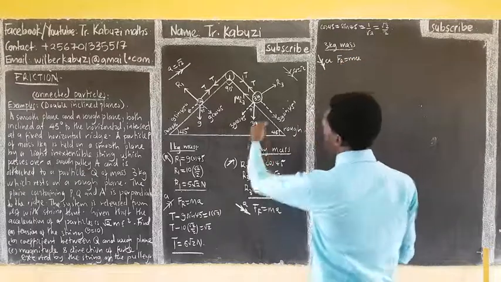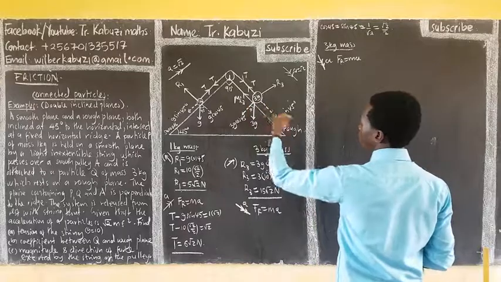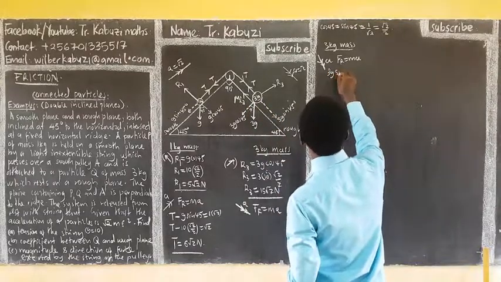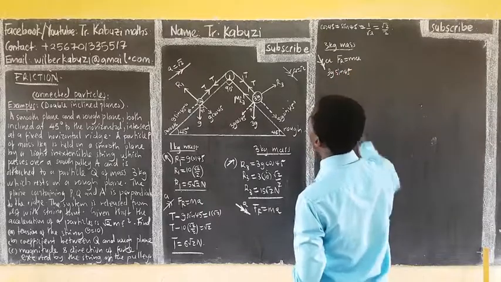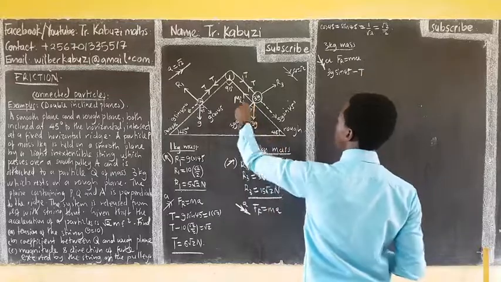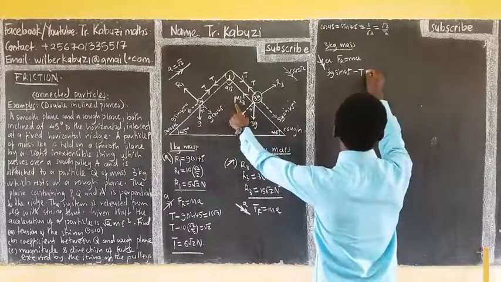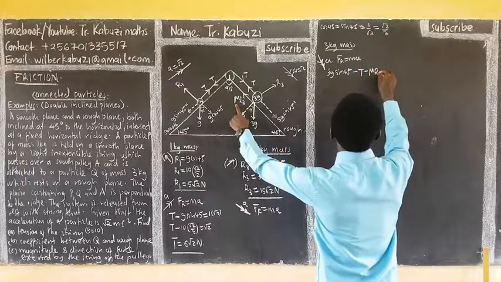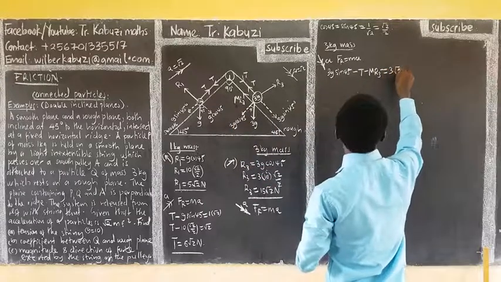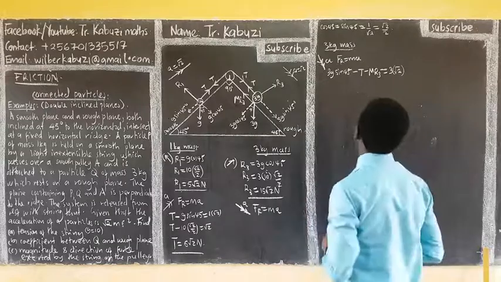What is pulling it in this direction is 3D sine 45. Then we have the opposing force, T, and then this friction, which is mu R3, equaling the mass, which is 3, times the acceleration, which is root 2.